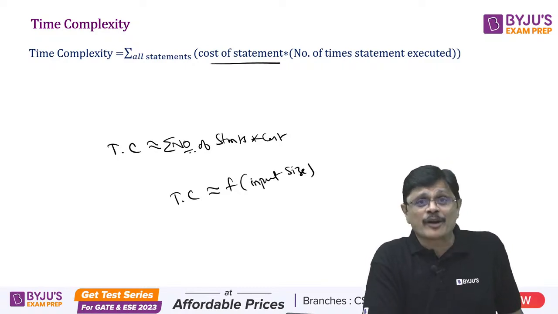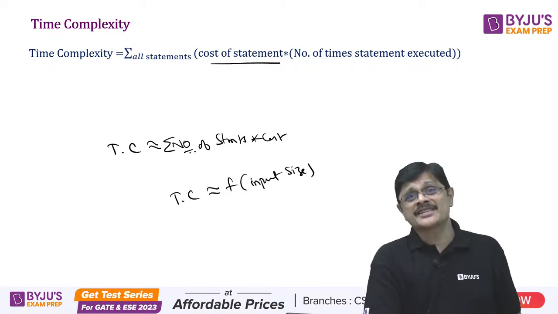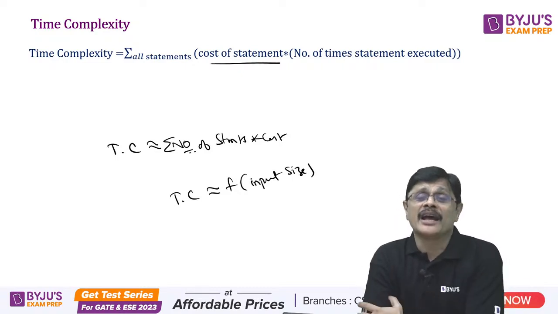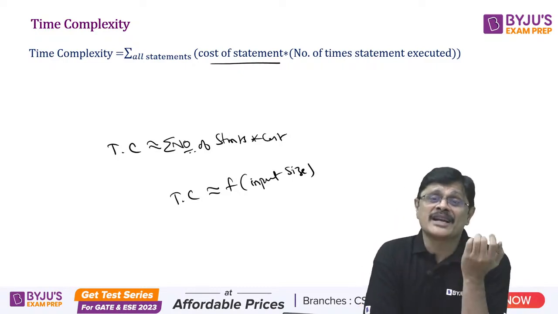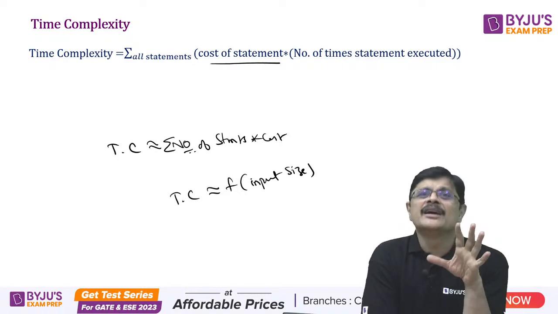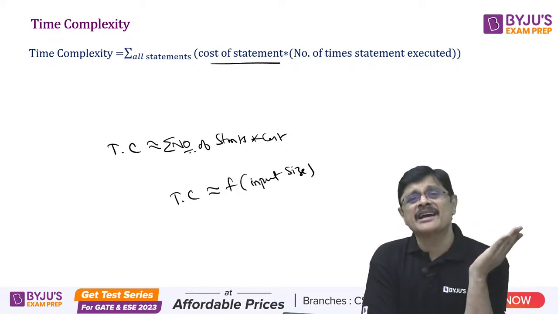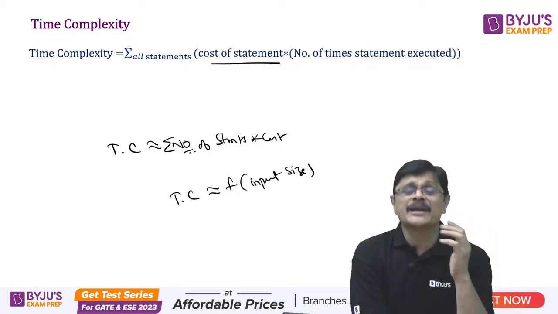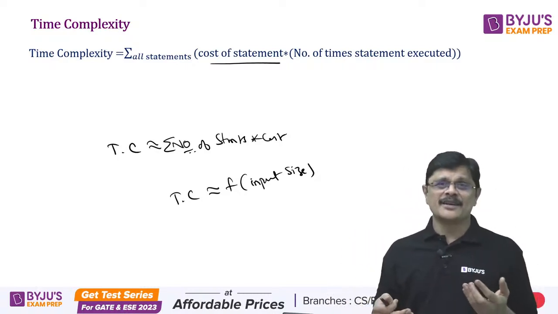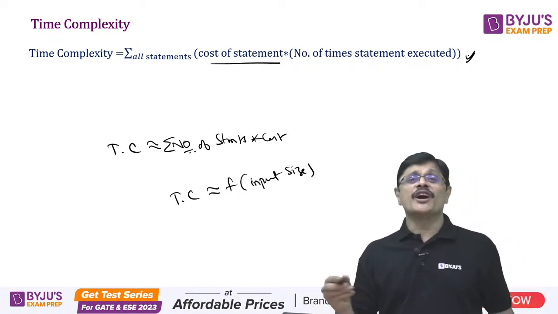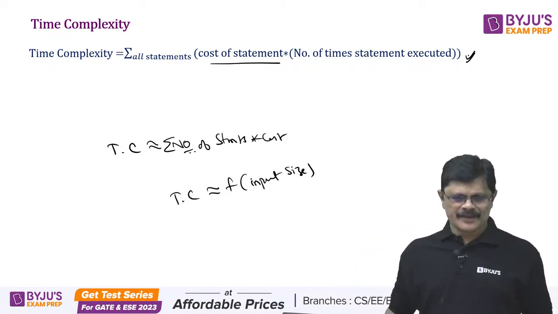For example, in graph algorithms with the adjacency list representation, the number of vertices as well as the number of edges will be the parameters. But whatever it may be, we can estimate time complexity as a function of input size, because based on the input size, some statements may be repeated. Am I clear? So ultimately time complexity can be estimated as a function of input size.